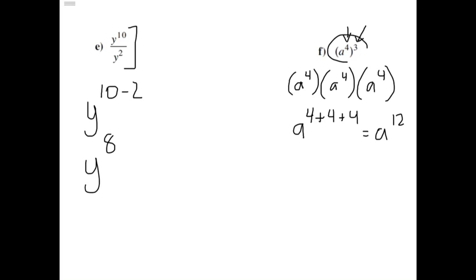Now, if you take a look at the original question here, you've got a to the power 4 with 3 on the outside. This is just being multiplied together. 4 times 3 is equal to 12.